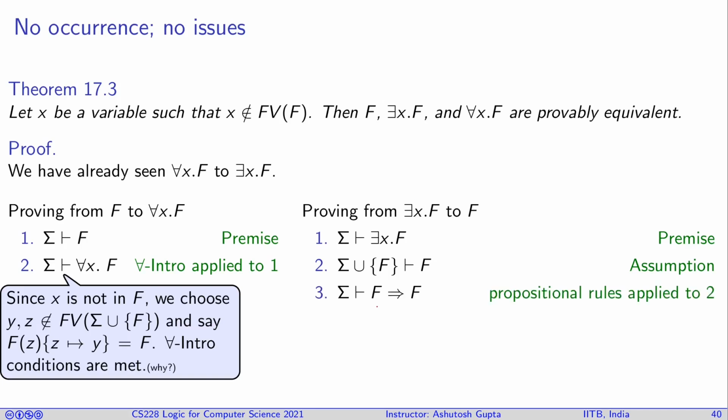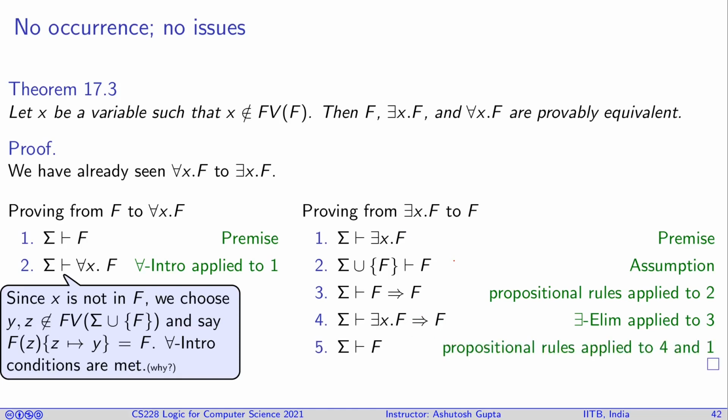Then I can turn this into f implies f, and now I can simply apply exists elimination, and then I get exists x f implies f. Nicely, I have this proof, because since I have this, I can derive this using some propositional logic rules, and I got f. So I have proven that all these three can prove each other.